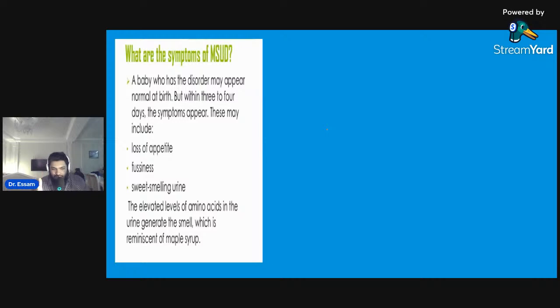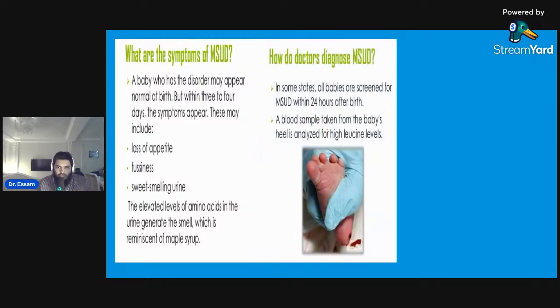You can read this, and one interesting thing is that for this test, in some countries, within 24 hours after birth, blood is collected from the baby, and they check the blood for a high level of the branched chain amino acids, and specifically they check for leucine.